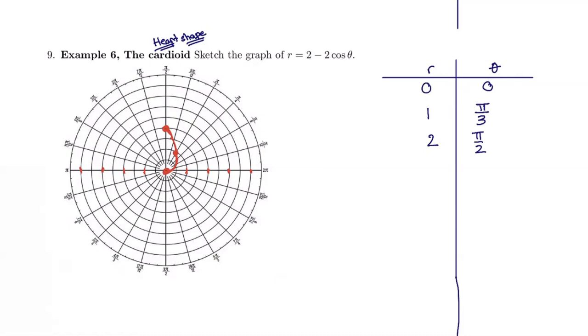The next point that I want to pick is 2 pi over 3, because I will end up with 3 when I put that in. And so I'll go out 3 and around 2 pi over 3, which puts me here.